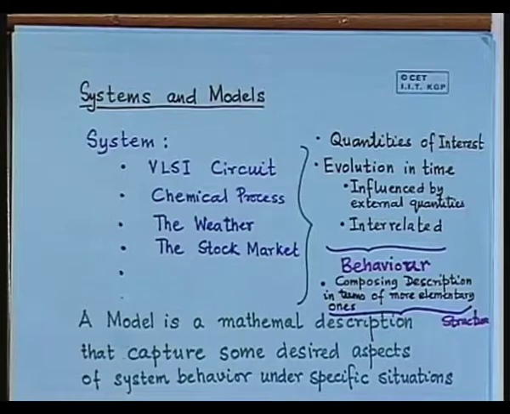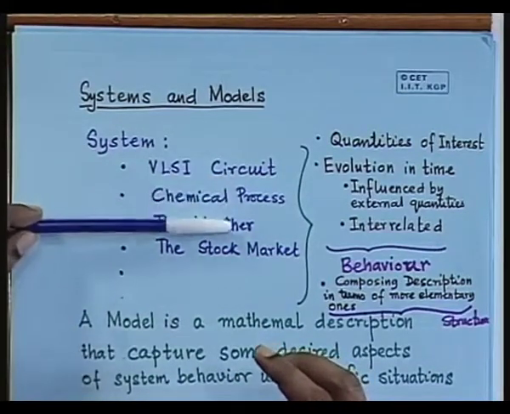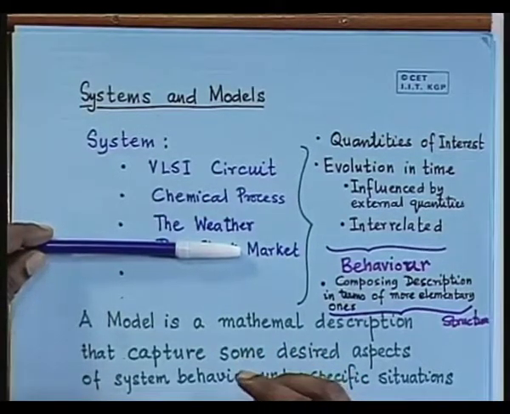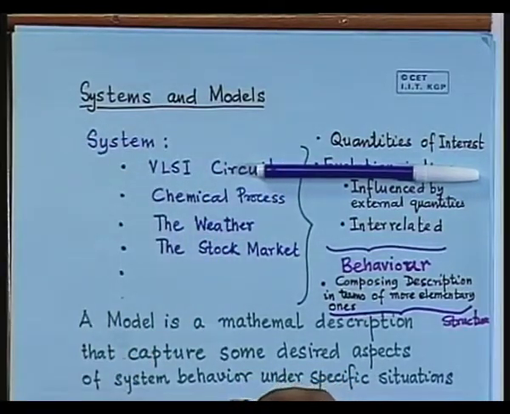To get an idea of what we mean by systems, to be able to arrive at an abstract definition, you must distill out the common features in these. What is the common feature? Related to each one of them, there are some quantities of interest. For any circuit it may be voltages and currents, signals or their properties.